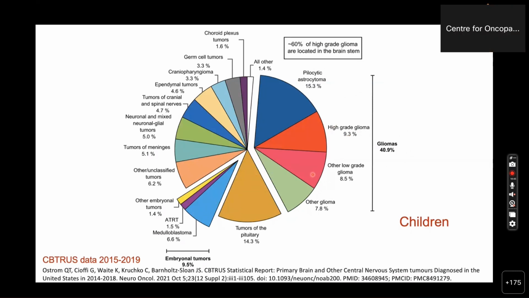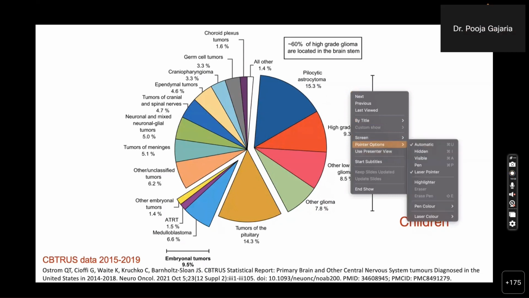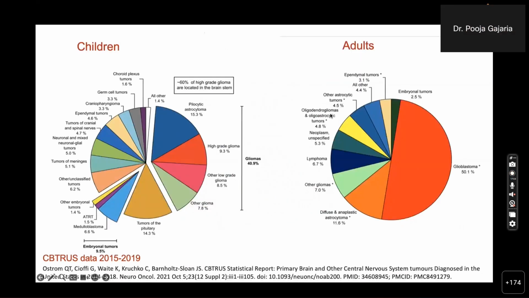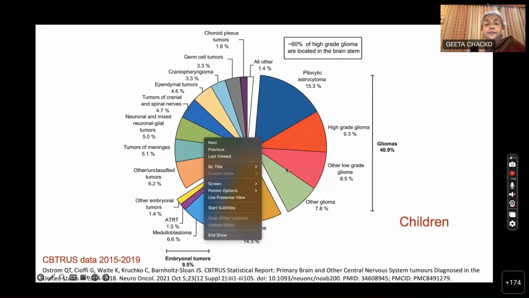My pointer is on, so I'm not able to. Okay, you'll have to turn off the pointer first. Right click. Okay. I'll bring in the pointer option later.